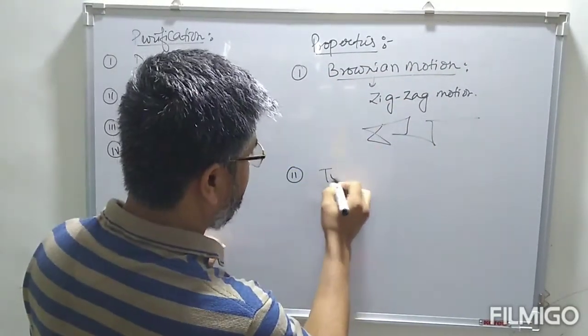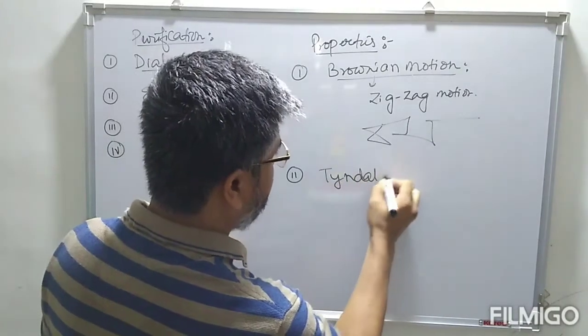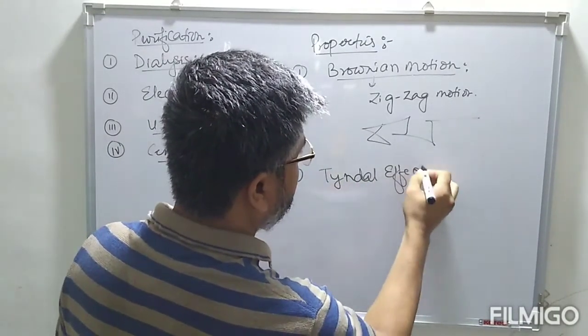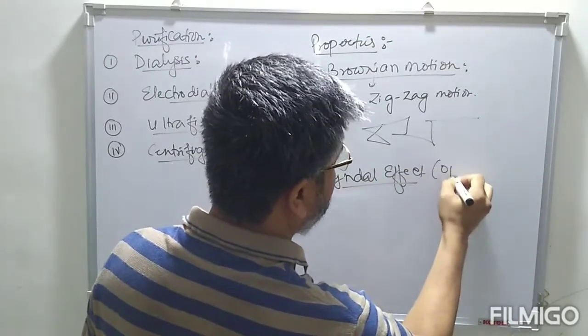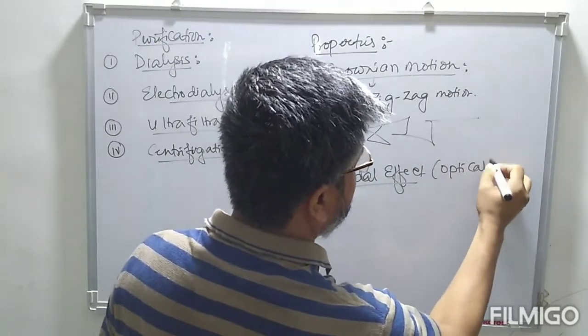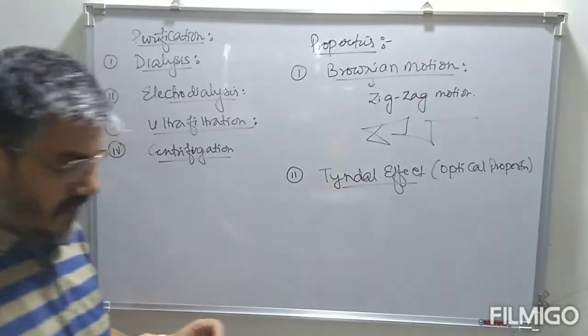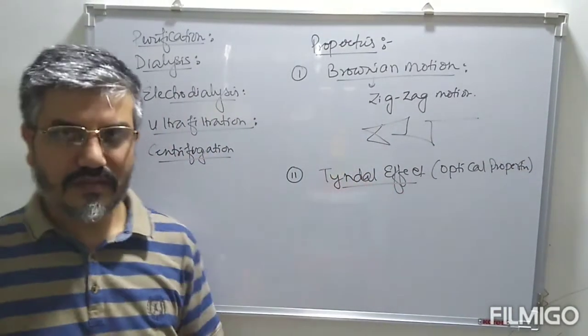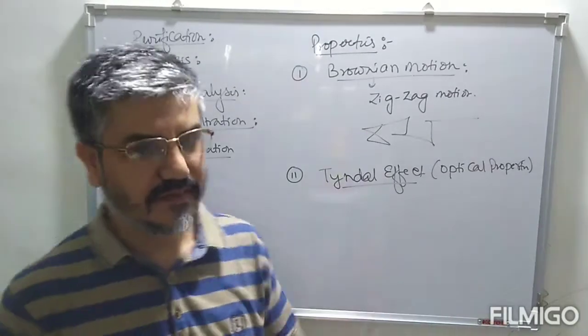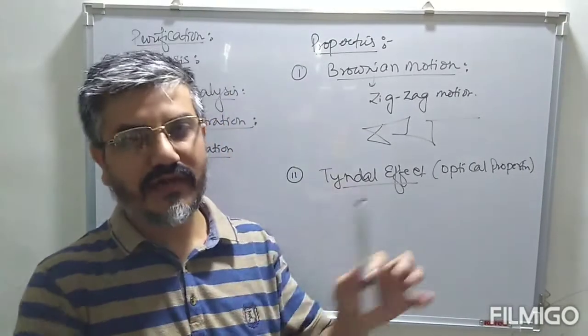Next is Tyndall effect. This is also known as an optical property. So we have a colloidal solution. Now pass a beam of light.